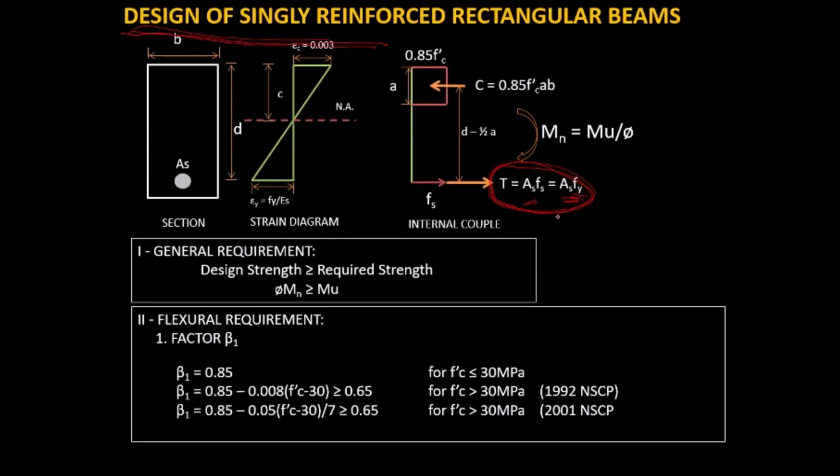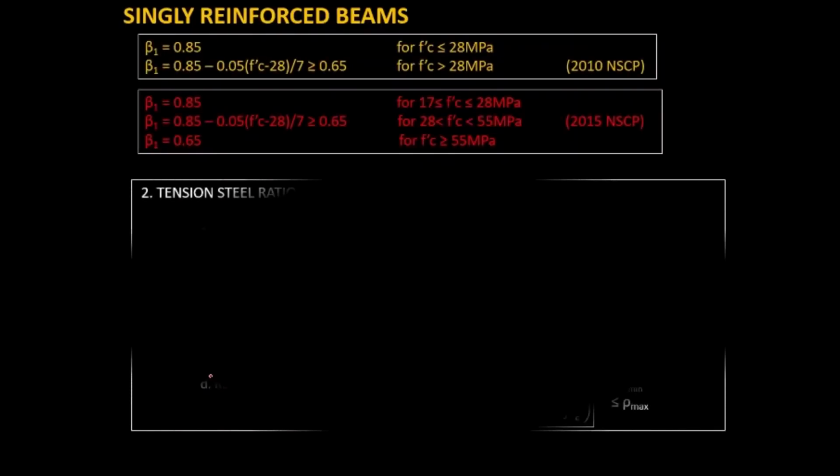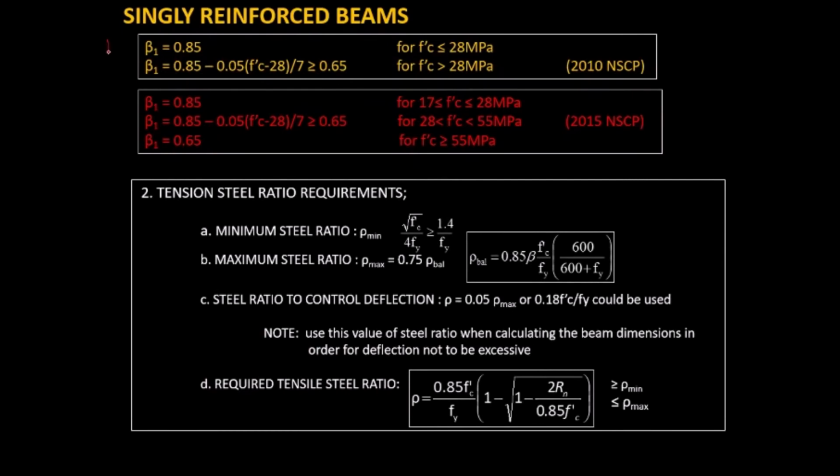Then again, these are the flexural requirements for beta 1. Ulitin natin. Beta 1, 30 megapascal, 2001. Okay, 1992, 2001, so okay na yan. Andiyan yan sa handouts nyo. Then, ito yung sa 2010. Ang pinagkaiba lang nito, nakalagay dito for 28 to 55 sa 2015. Dito sa 2010, basta 28 or greater, parang yung sa 2001 lang.